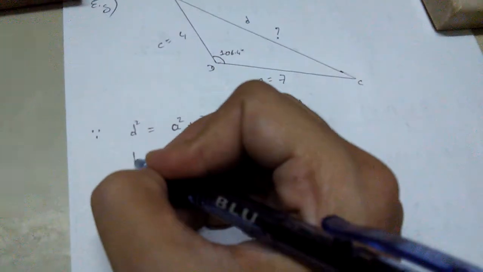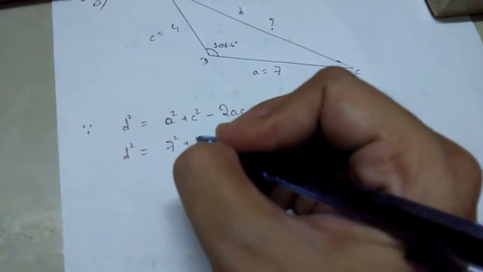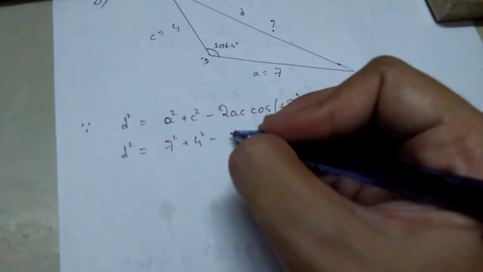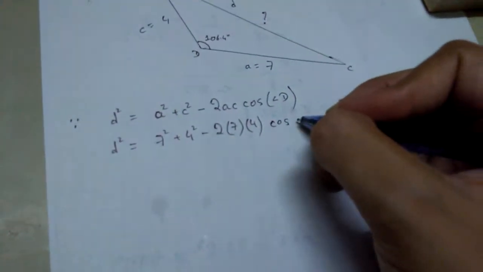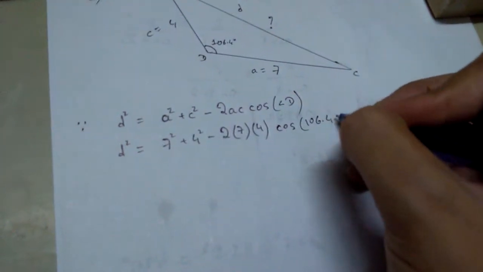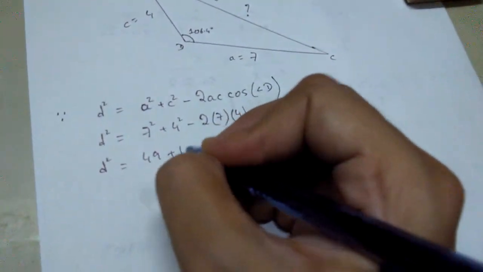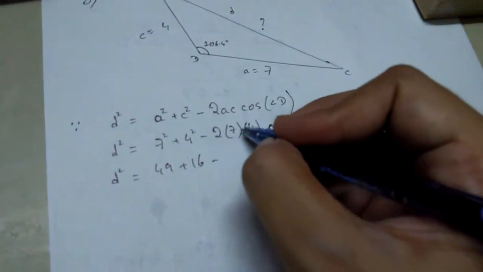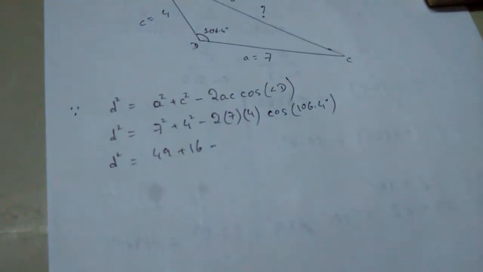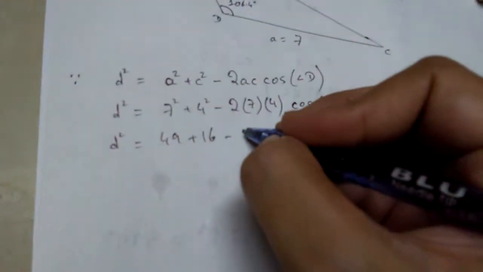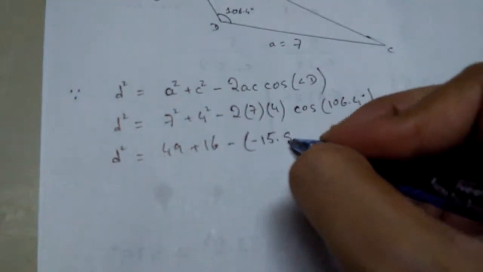Let us now substitute the values, and a simple calculation is required and nothing else. So d square gives you 49 plus 16 minus 14 and 4 give you cosine of 106.4, and the product of this thing is giving us negative 15.8 approximately.